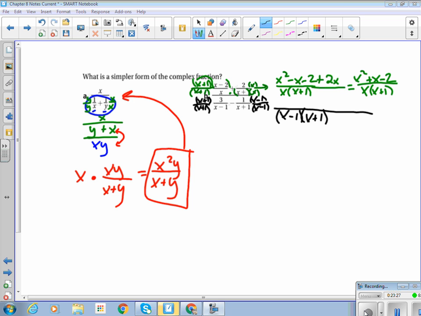My new one becomes: I'm going to multiply 3 to each of these, so it's 3x plus 3. Then I have a minus sign here, so minus 3, parenthesis, because anything that I multiply out is going to be minus. x times 1 is x, and negative 1 times 1 is negative 1.